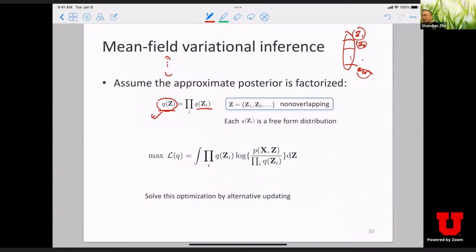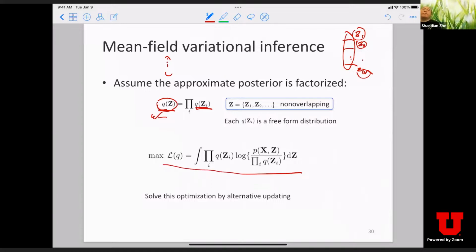So now let us look at, given this mean field factorized form of the approximate posterior distribution, how do we update or estimate each of these Q of Zi? That's our goal. We want to find the best Q of Z, namely each Q of Zi, which minimizes the KL divergence, in other words maximizes the evidence lower bound.